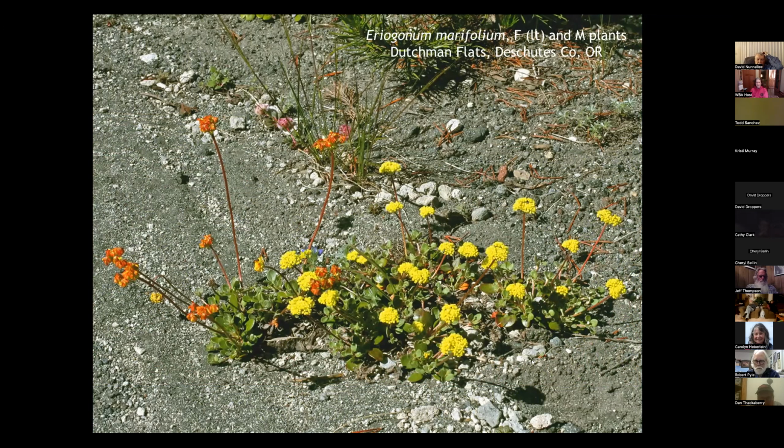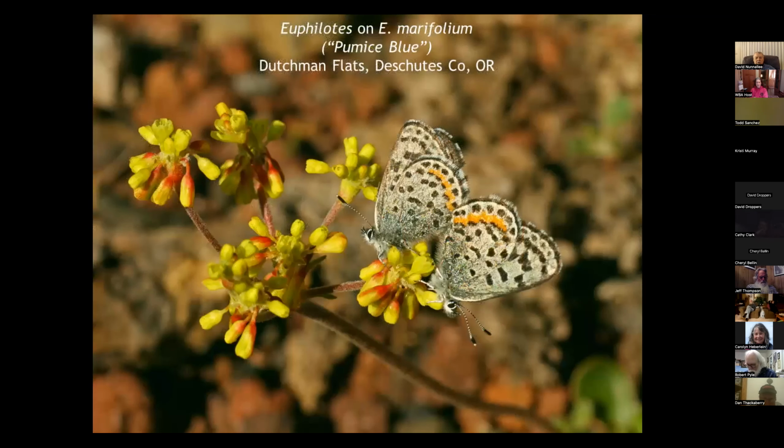If you just walk around and look at these plants out in these cinder fields, you will find the blues on them. Here's the mating pair. By the way, these Euphilotes have been given a tentative common name, the pumice blue, and you'll see this in Bob Pyle and Caitlin LaBar's most recent book, The Butterflies of the Pacific Northwest.